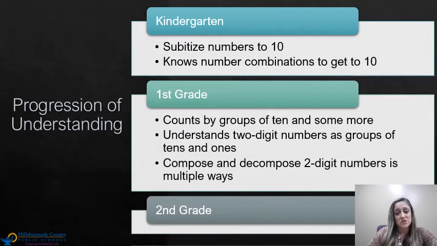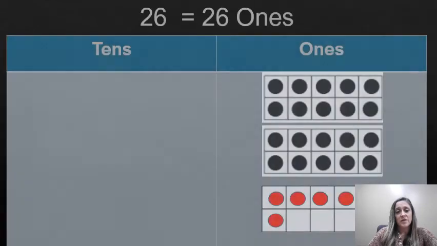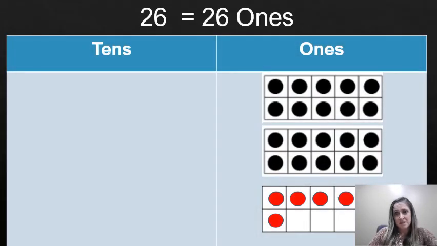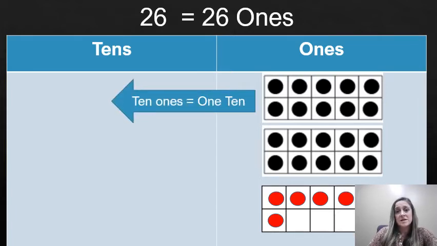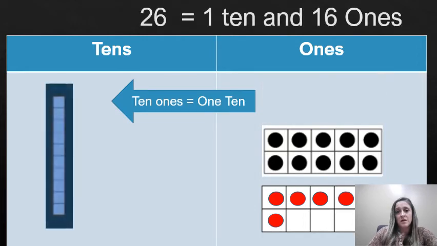We also want first graders to be able to compose and decompose two-digit numbers in more than one way. So for example, the number 26. A student could start by regrouping one of the tens and have 1 10 and 16 ones, because that is the same as 26.